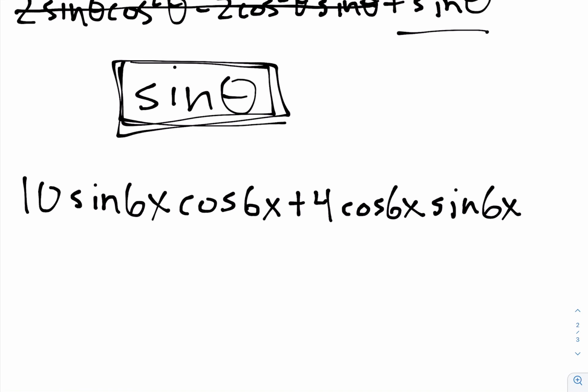Okay, so the common factor of these is sine 6x cos 6x. They both have that in common. So if we have 10 of them here and 4 of them here, we can just add 10 and 4 together. We're going to get 14 sine 6x cos 6x.